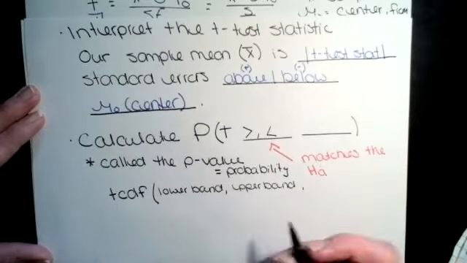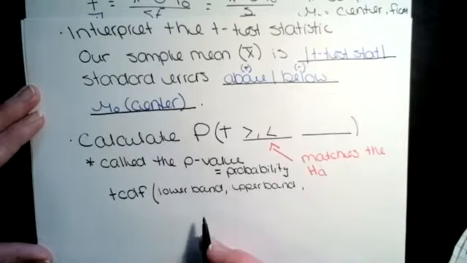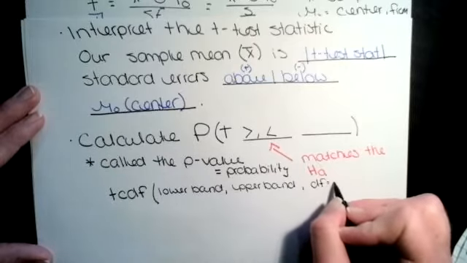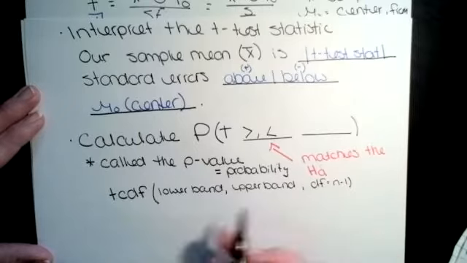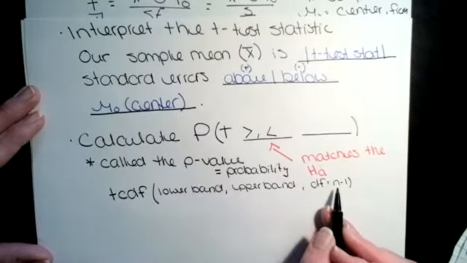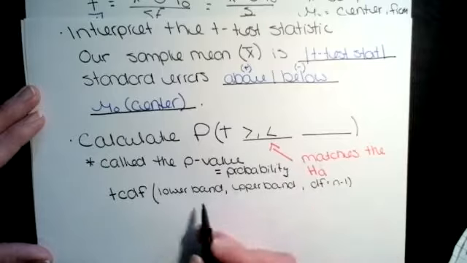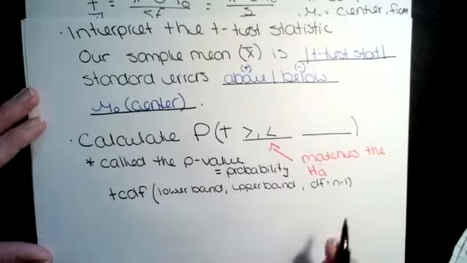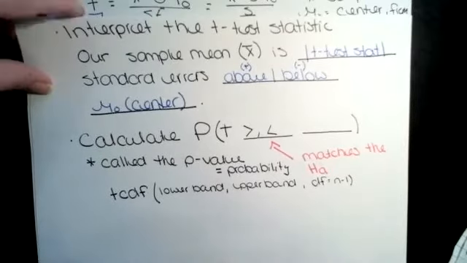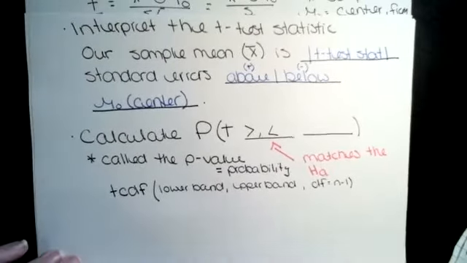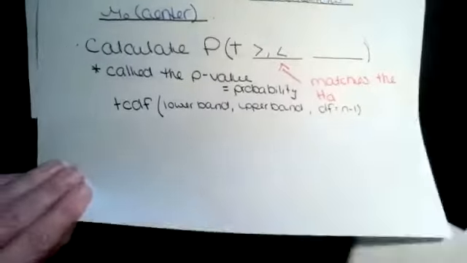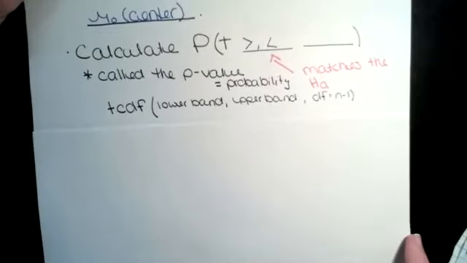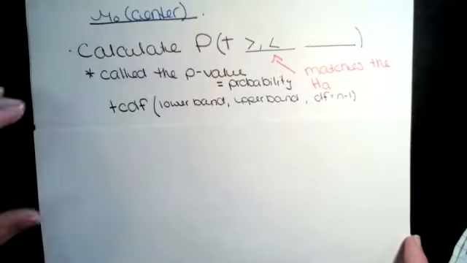And then for this curve, we use degrees of freedom, and degrees of freedom equals n minus 1, because remember, my T curve changes shape based on that. So we use our lower bound, upper bound, and degrees of freedom here. Let's just take a look at some pictures. The pictures are really helpful. This visual just helps us organize what we're really calculating here.